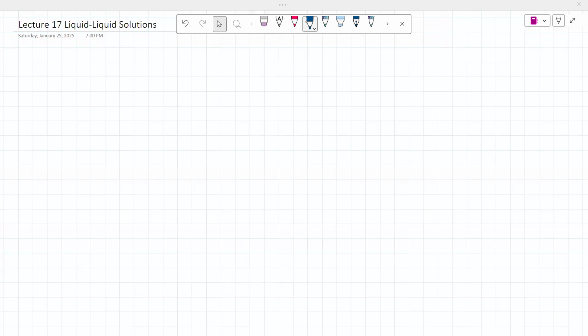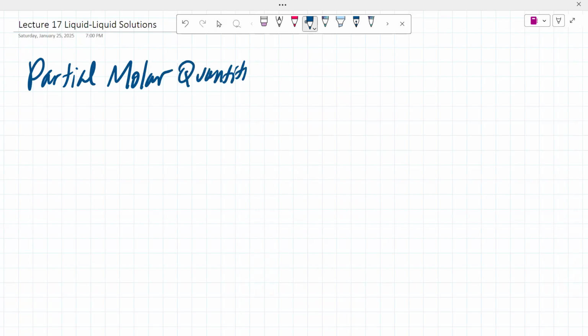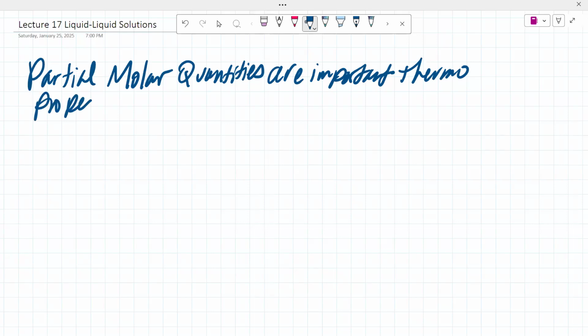Partial molar quantities are important for the thermodynamic properties of solutions.